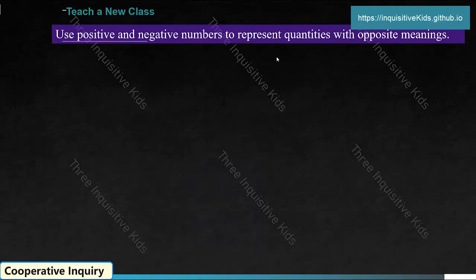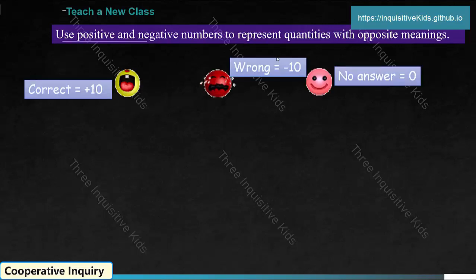Use positive and negative numbers to represent quantities with opposite meanings. The smiley face is correct, which equals plus 10 points. The frown face stands for wrong and is negative 10 points.